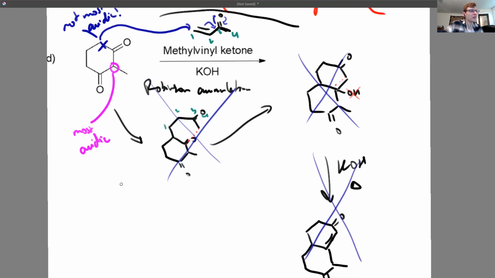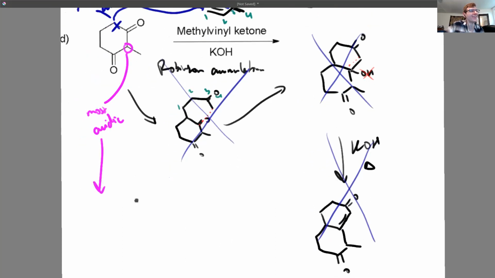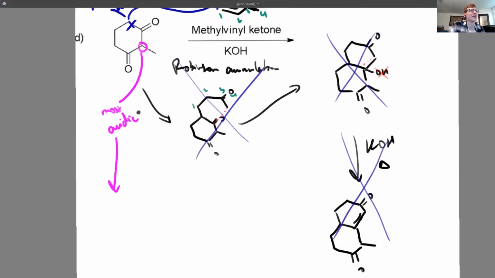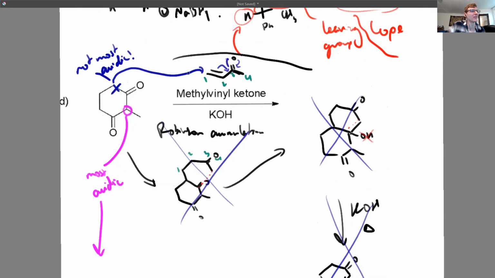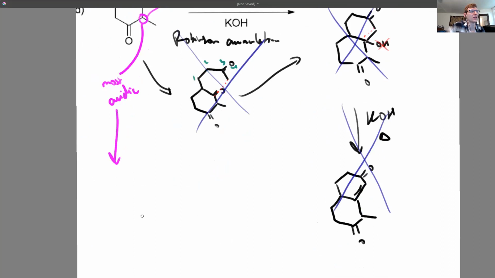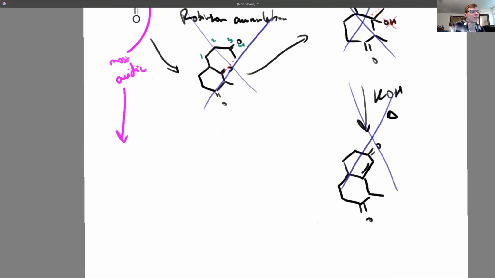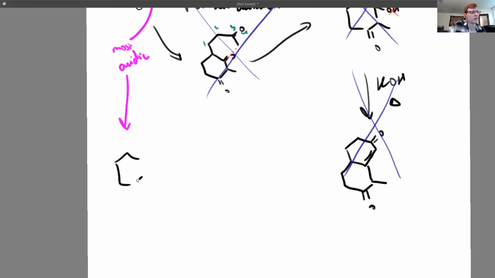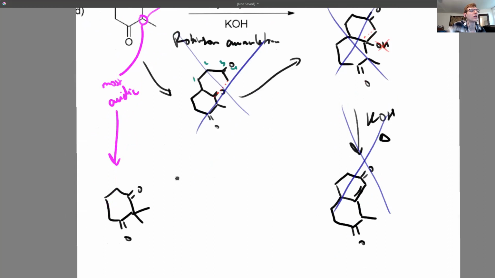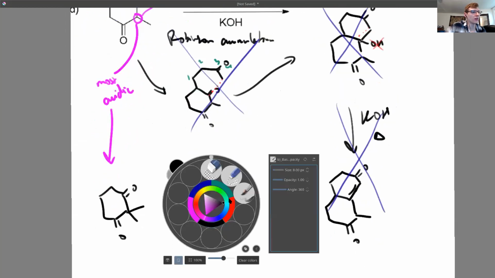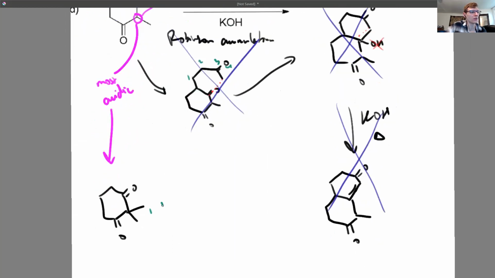Okay, so instead, what we're gonna do is we're gonna take this one and attack it onto here. Okay, and this is the structure that we started with, and it's gonna go here. And there's gonna be 1, 2, 3, and 4 carbons.